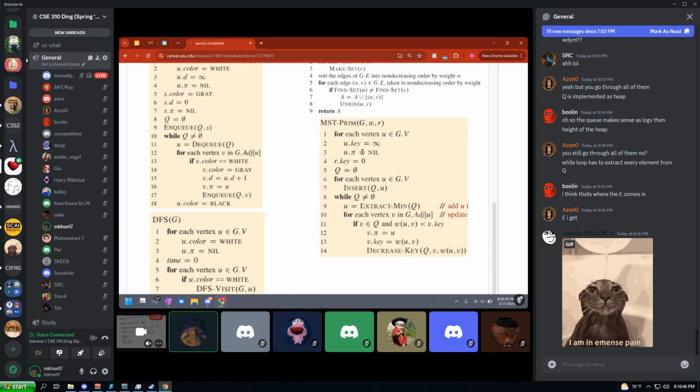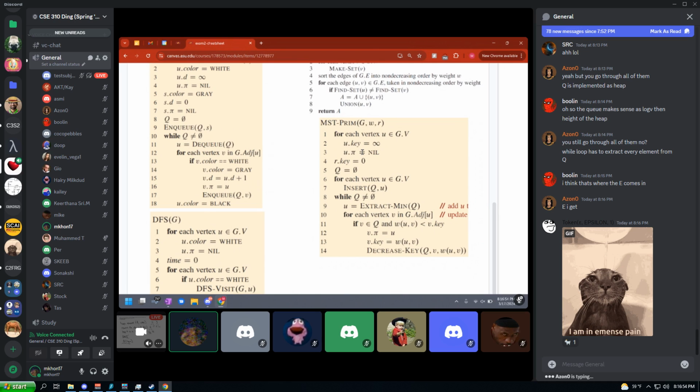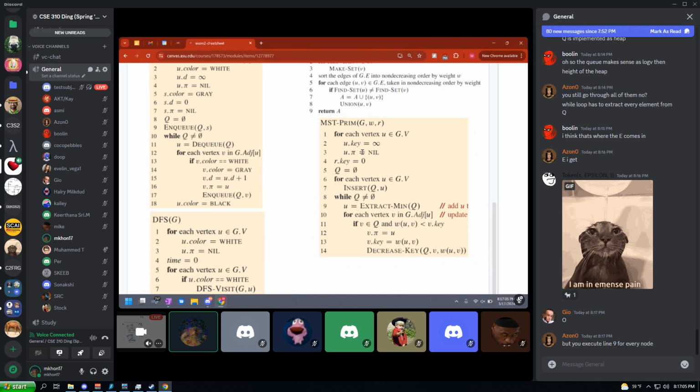Because decrease key has to actually move the node back up. That makes sense. Okay. Because remember, the point of decrease key is if your node is at the complete bottom, then you have to move it all the way back up until it's in the right spot, right? That's log V, right? And then the rest of this function is just E. So that's E times log V, right?